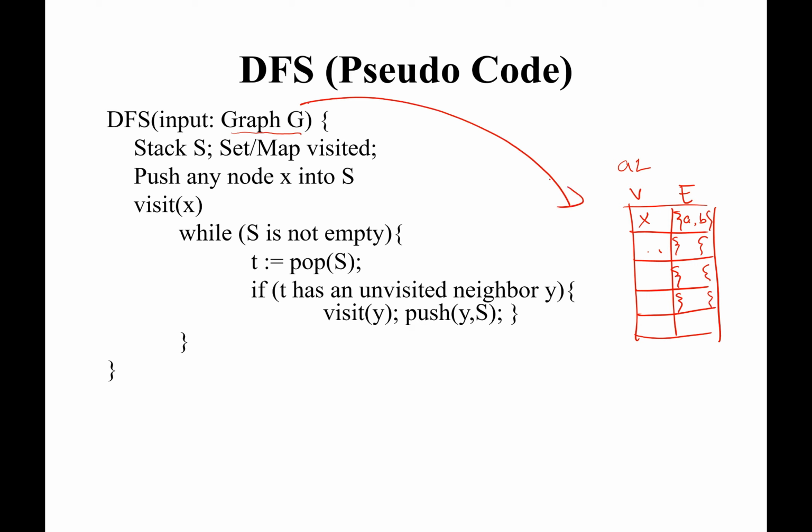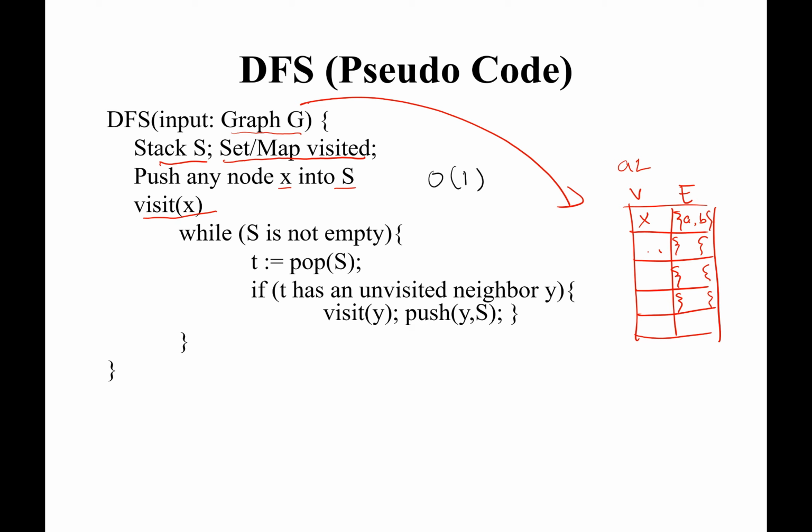So given this, we initiate a stack and a set or map visited. We start with pushing any node X into S and make it visited. So doing all these, we are doing order of one work here.